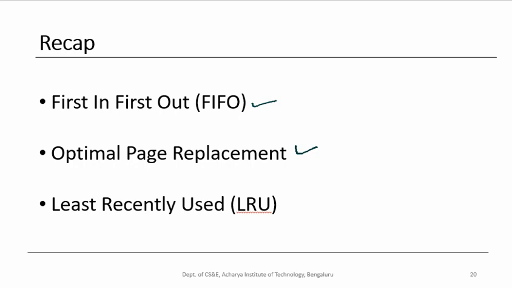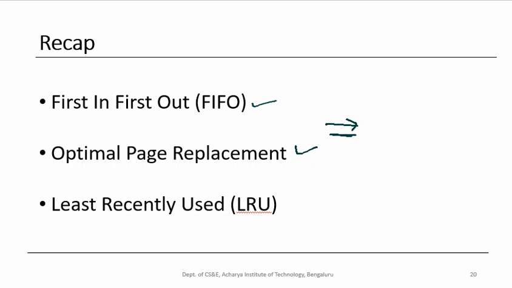But the problem with this is whenever we have to replace a page, we have to have the complete knowledge of the reference string and look at the references that are going to come for the pages in future, which is really difficult. So therefore this is hypothetical or conceptual and practically difficult to implement.